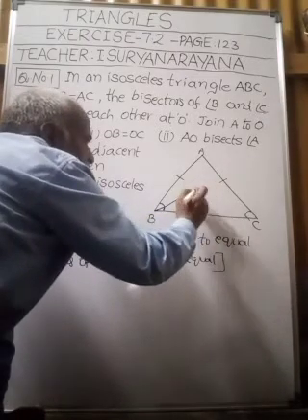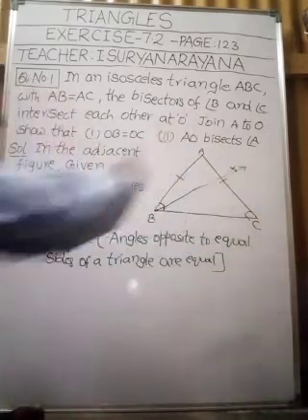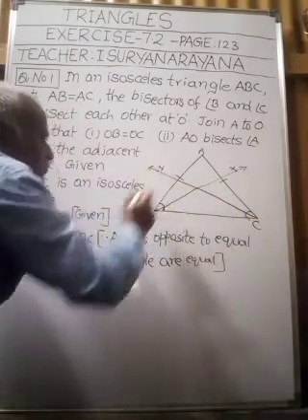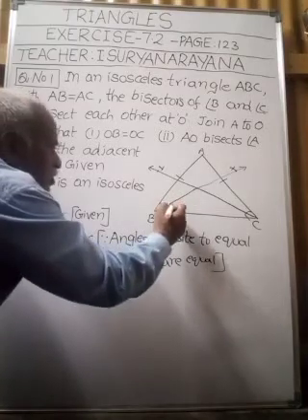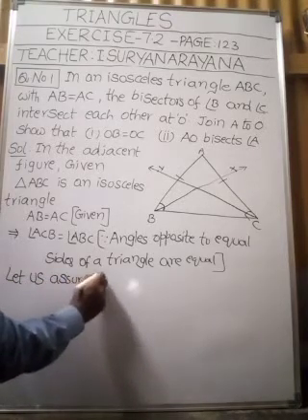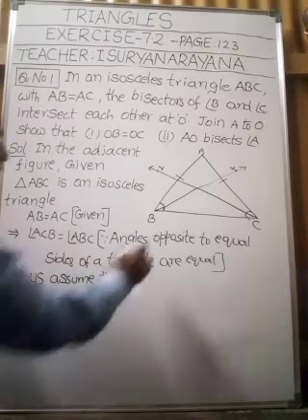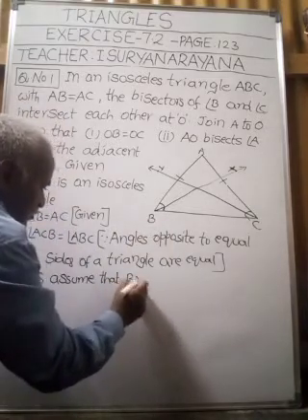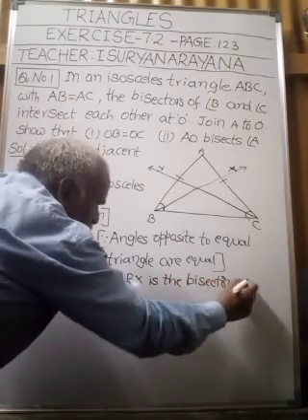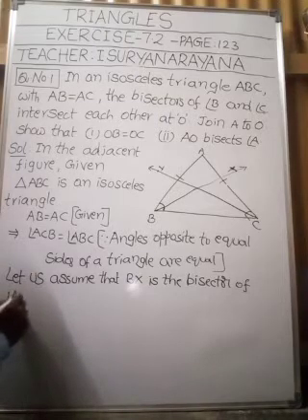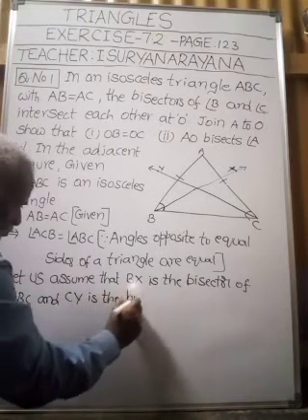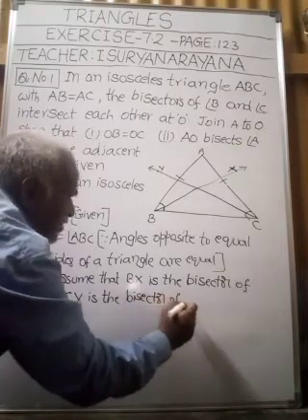Let us assume BX is the bisector of angle ABC, and CY is the bisector of angle ACB.